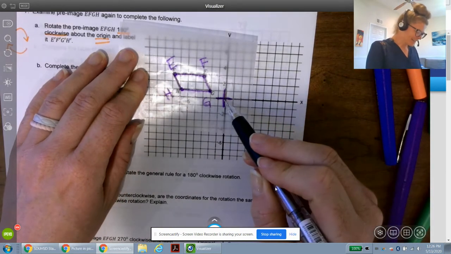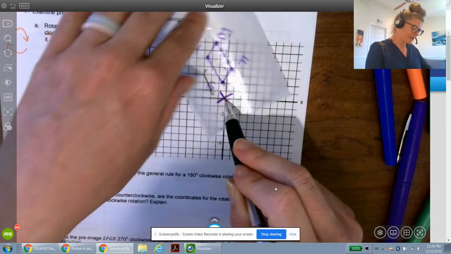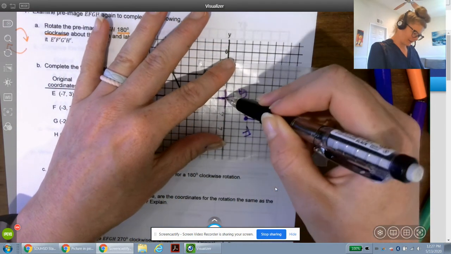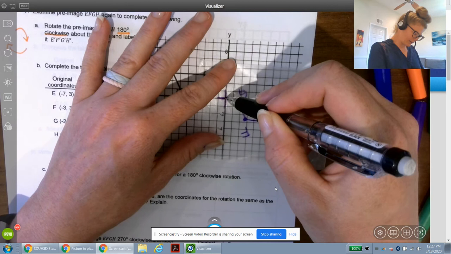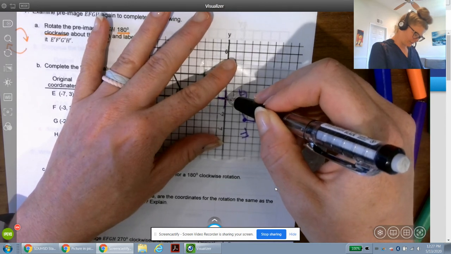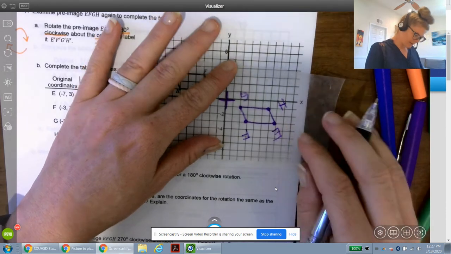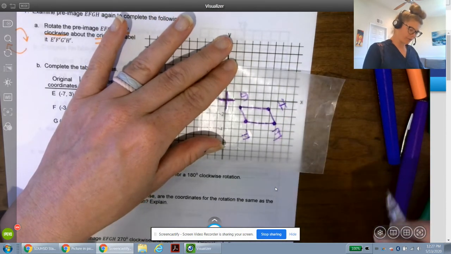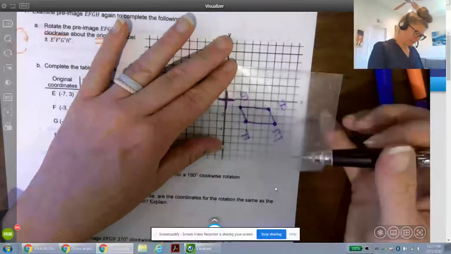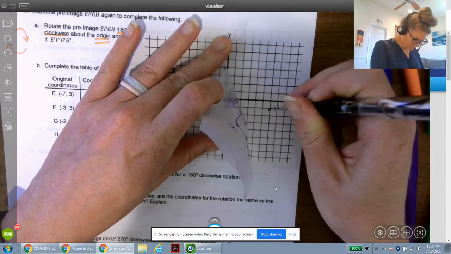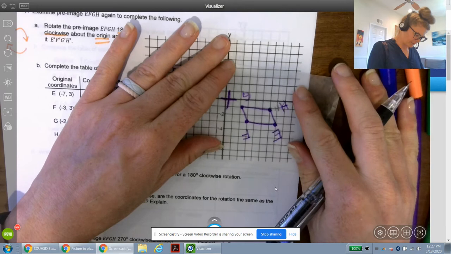Okay. Taking a look. So 2 groups of 90 end up in this quadrant here. It looks like it'll be about like that because I know they're going to be on coordinates. So I will have H prime, and then I'll just double check.